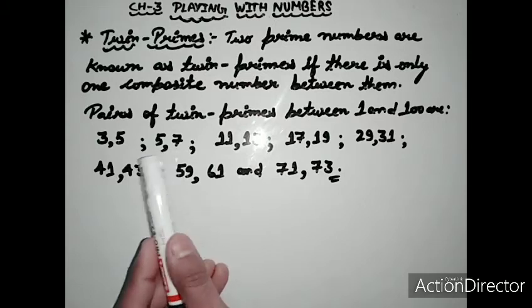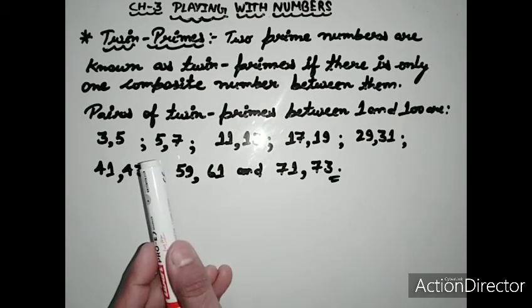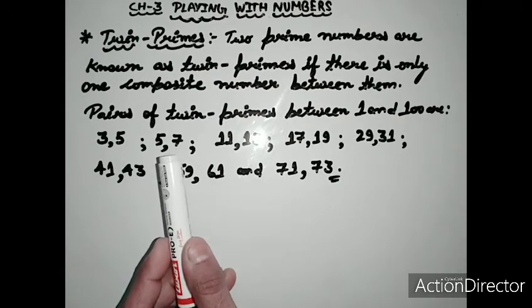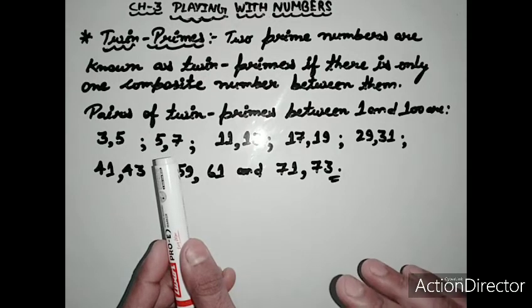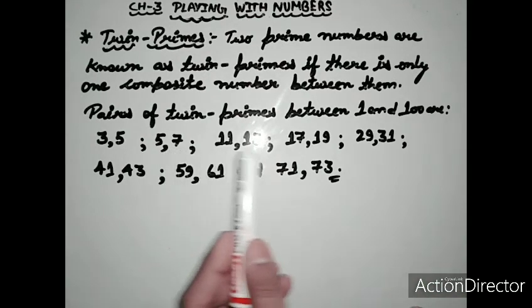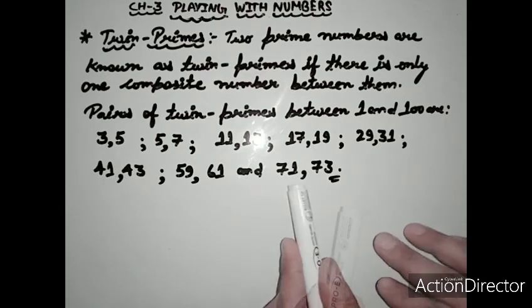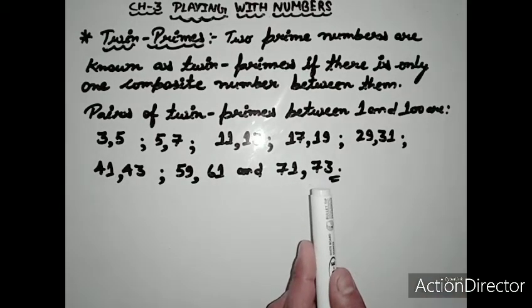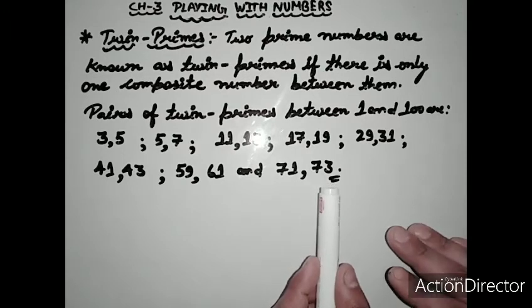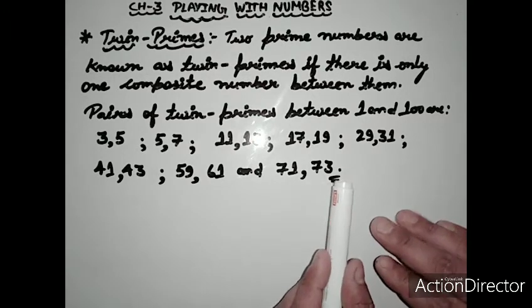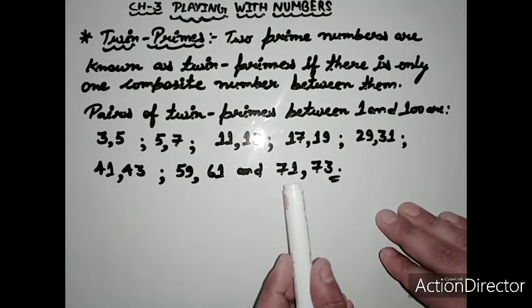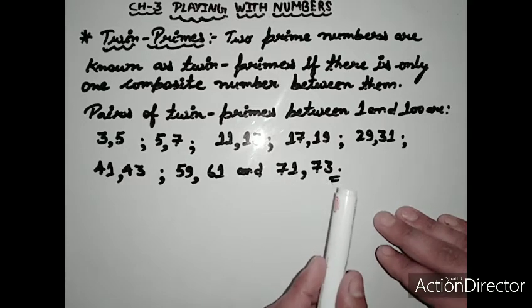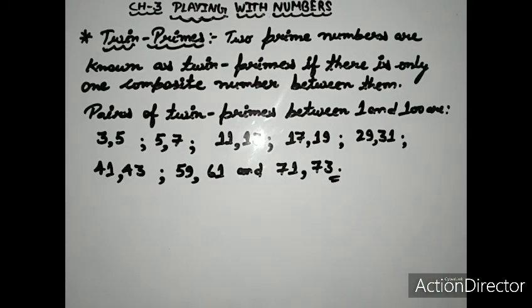So two prime numbers are known as twin primes if there is only one composite number between them. Likewise, in the middle of 71 and 73 there is 72, and 72 is a composite number. So the pair 71, 73 are twin primes.